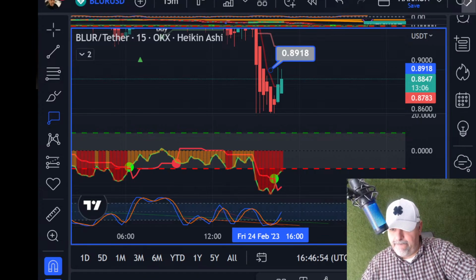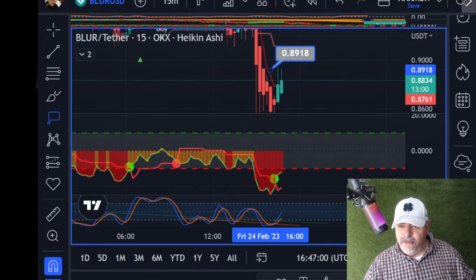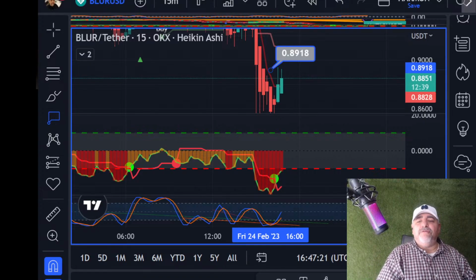So right now we're going to do a short. We're going to be looking to get into a short on Blur. We're just going to do a small margin 10x on crypto.com. All right, so we're going to put a quick $9 over here on Blur.